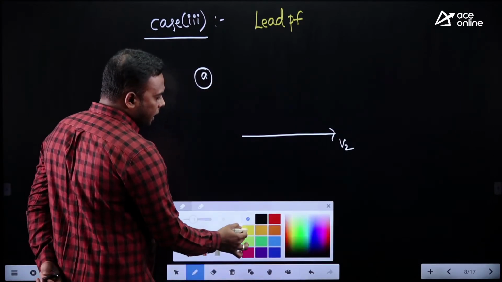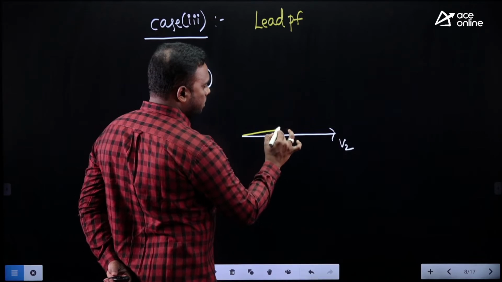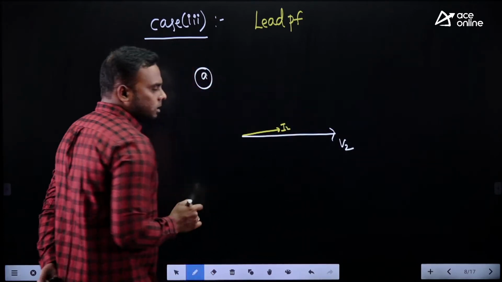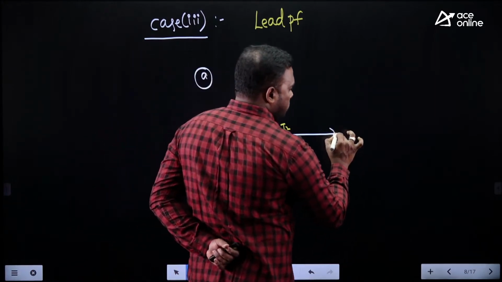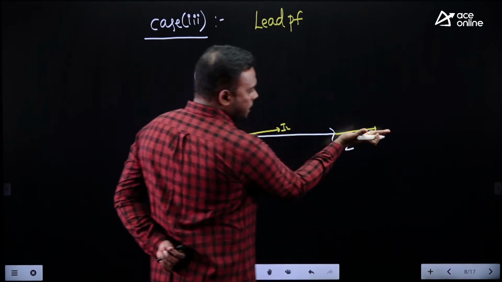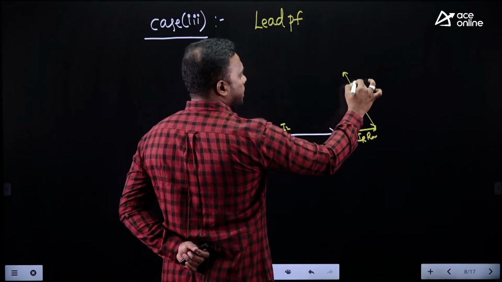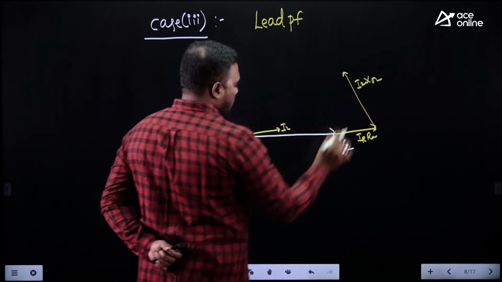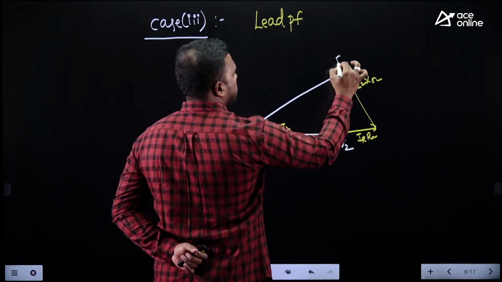Now I will take the current I2, compared to the previous UPF, just leading a little bit, some 5 or 6 degrees. Then I2R02 also leads slightly from the previous one. The resistance drop is in phase with the current, and the reactance drop is this, I2X02. If you take the resultant, this is E2.